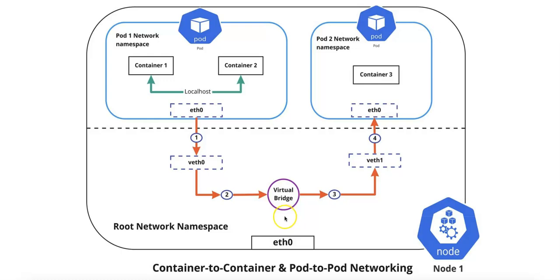In such cases, traffic is routed out of the virtual bridge through the node's network stack, and then out via the node's eth0 to the external network or overlay network. On the receiving node, the process happens in reverse, with the traffic entering the eth0 interface and being routed to the destination pod. So notice that for intra-node communication, the eth0 interface is not important and doesn't get involved at all. But between different nodes within the same cluster, the eth0 interface is very important.